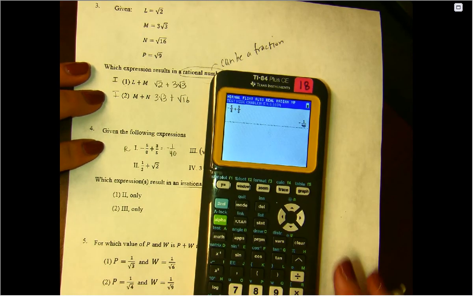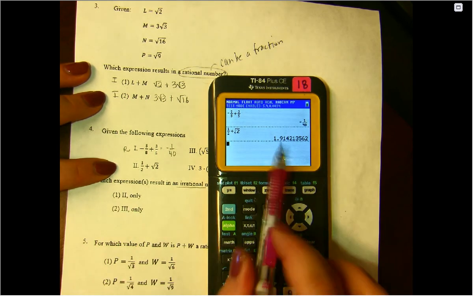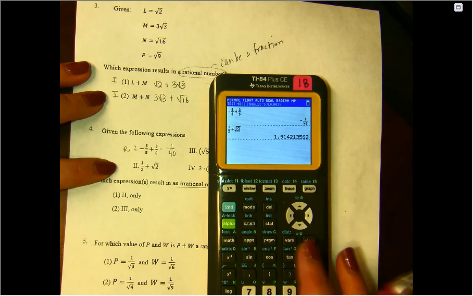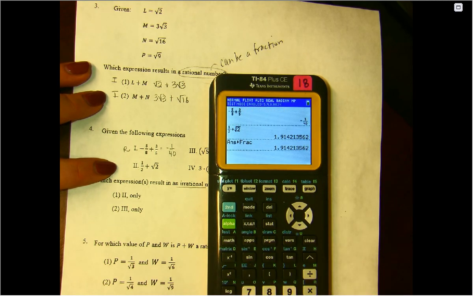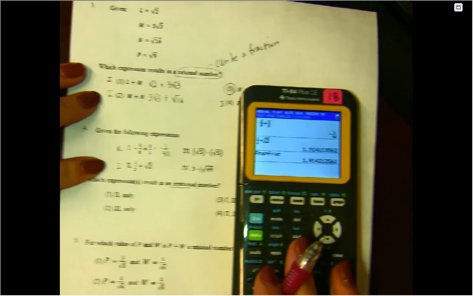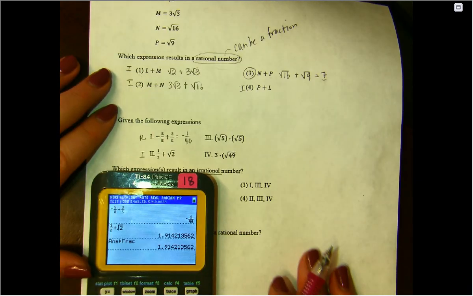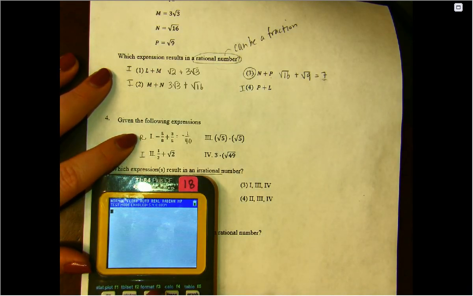Okay, what about alpha x for 1/2 plus radical 2? Oh, okay, so I have non-repeating, non-terminating stuff going on here. So math, enter, enter. Cannot write it as a fraction, so this is irrational. Alrighty, let's check the other two. So I get parenthesis radical 5, close the parenthesis, times parenthesis radical 5, close the parenthesis.